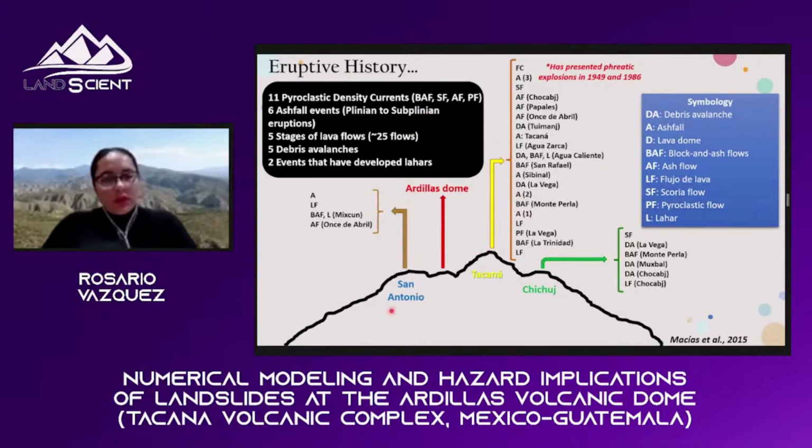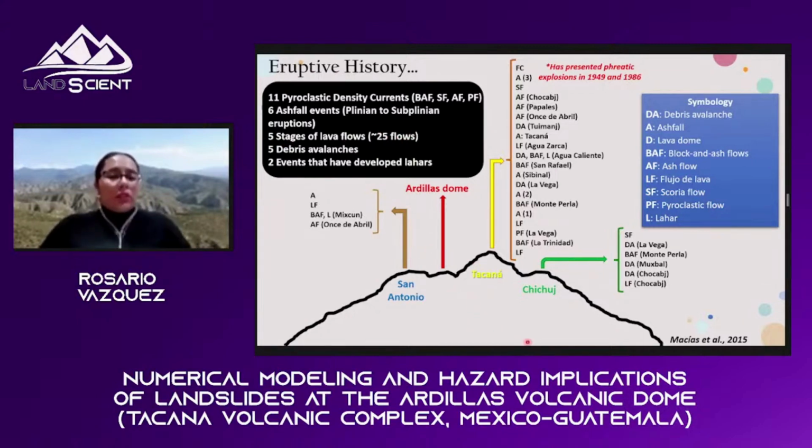We have also mapped at least 6 Plinian to subplinian type eruptions that have left very sparse deposits of ash, I mean. And we have also found several stages of effusive activity characterized by 25 lava flows.